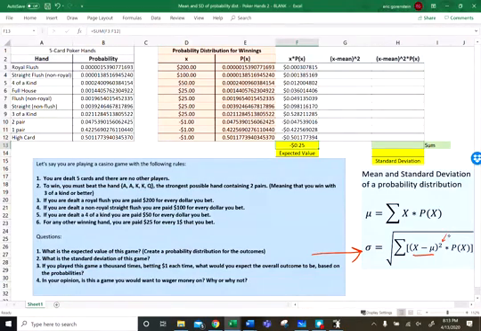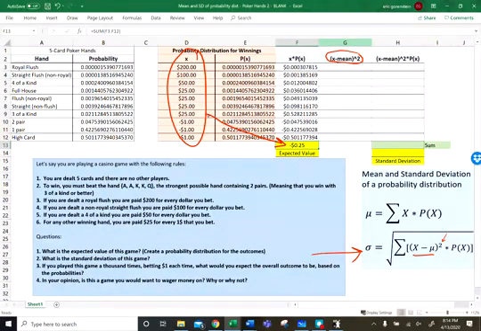So that's what I have here in column G. X minus the mean. So our x values, don't forget, are here. So we want to take each x value minus the mean. So I want to take 200 minus the mean, then 100 minus the mean, then 50 minus the mean. And for each one of those, once we subtract, then we have to square.